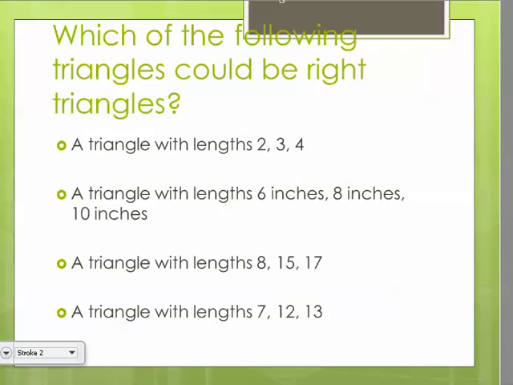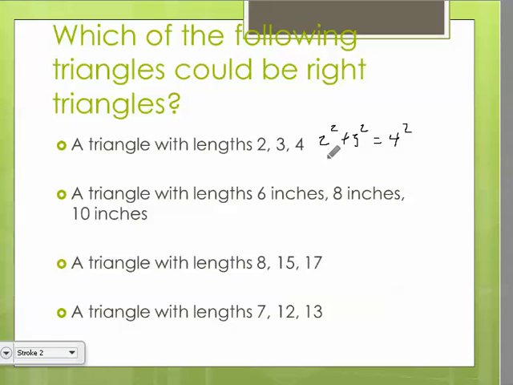Okay, let's move forward. Which of the following could be right triangles? There's a lot of ways we can do this. One of the easy ways of doing this is with the Pythagorean theorem. So 2 squared plus 3 squared equals 4 squared in a right triangle.